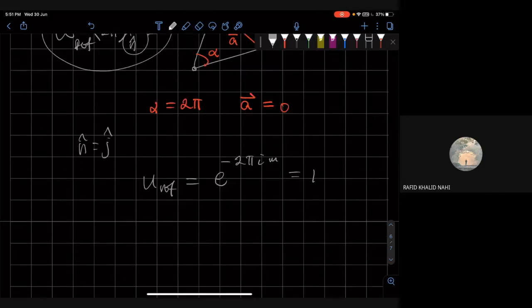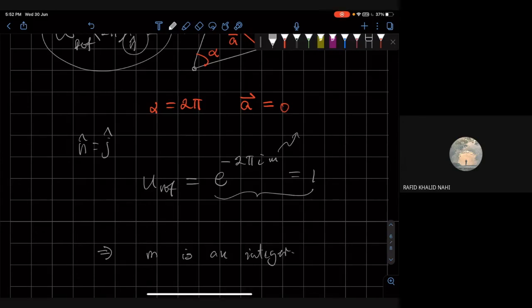So for this to happen, what constraint do we have on the values of m? Can m be a half integer? No. So m needs to be an integer, right? So this implies that m is an integer. Okay?